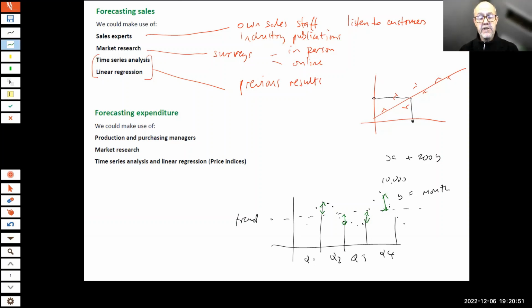So linear regression, time series analysis, this is just analysis of the past. And so the big distinction is we've a couple looking at the future and these are looking at the past.